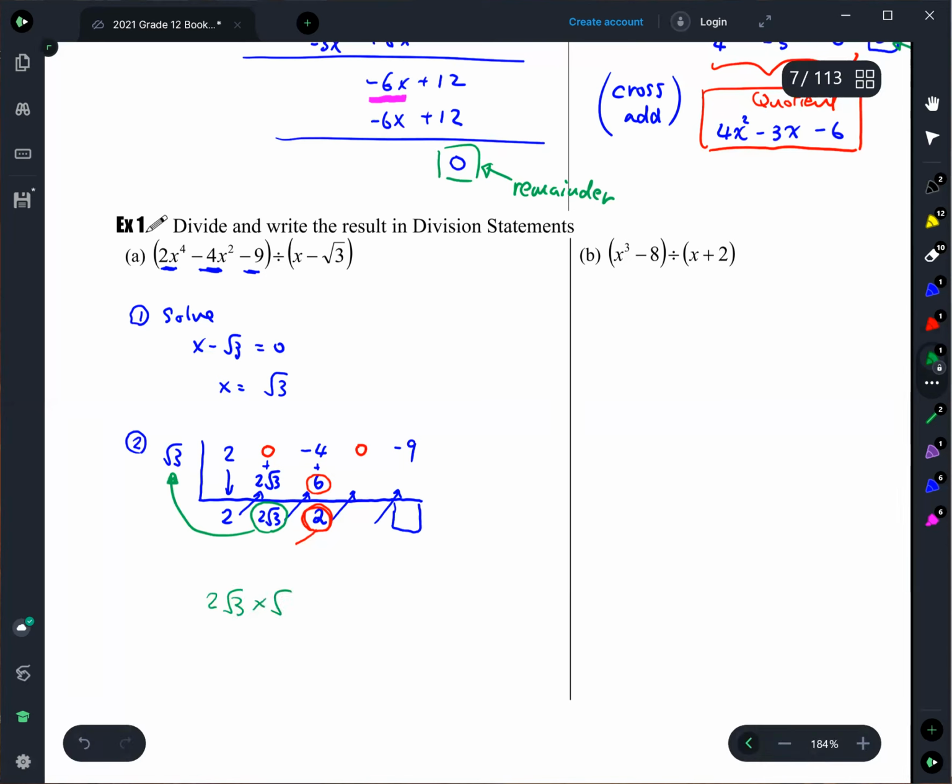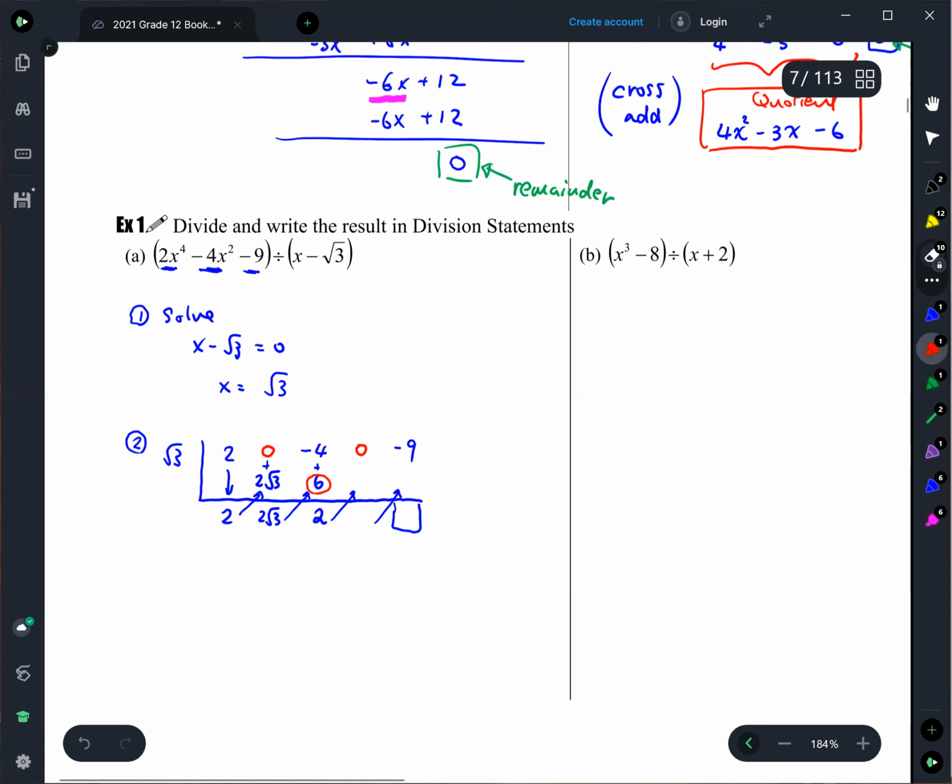Yeah, 2 root 3 times root 3, so that'd be 2 times root 9. And how would that become 6? Root 9 is 3, so 2 times 3 is 6. Yes, very good. So first you need to multiply the divisor before you put it at the top, and then you add them up.